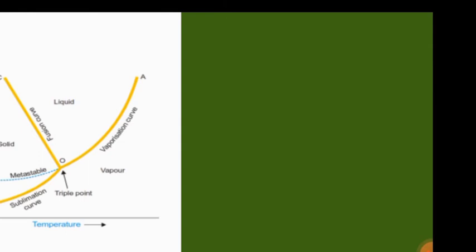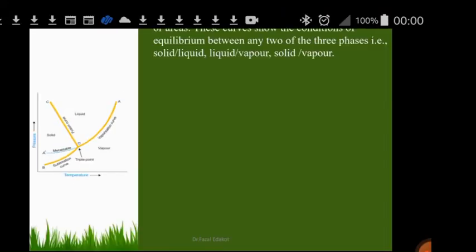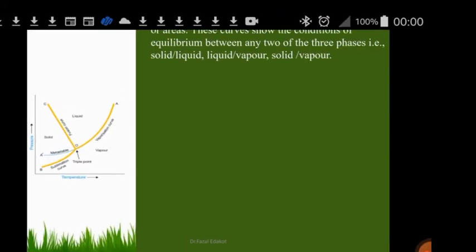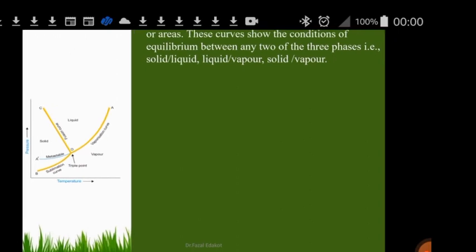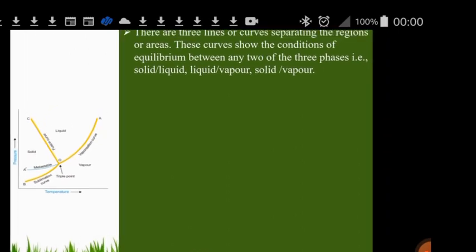Now the solid-liquid line is what we call OC, which represents the equilibrium between the solid and liquid. OC, solid and liquid, is referred to as the melting curve or fusion curve.